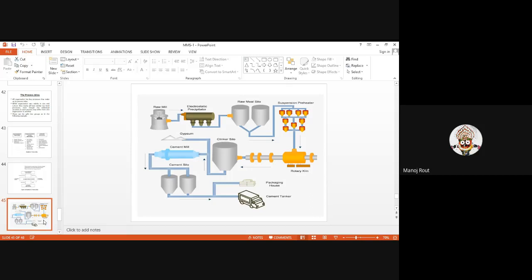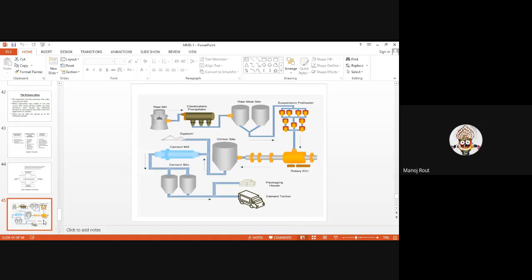With the help of an electrostatic precipitator, which generally separates the metal parts from the different components of cement, it is then fed to the raw mill silo, which separates the unwanted materials, and the suspended preheater directly feeds the rotary kiln. The function of the rotary kiln is to heat the mixture to a particular temperature, and it is then sent to the clinker silo, where it is refined.